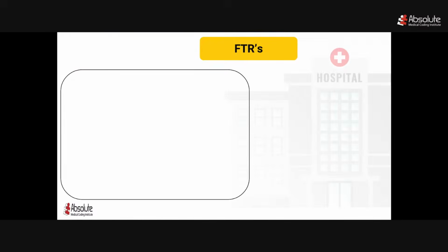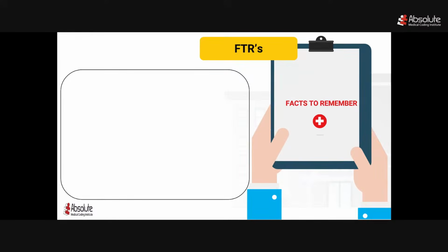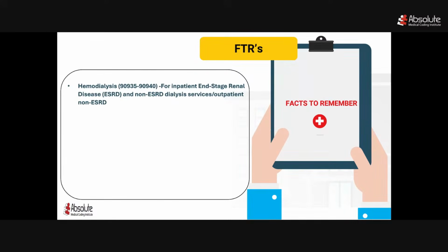All right, coders. Now it's time for us to review our FTRs. What are the FTRs for the dialysis procedure or dialysis coding? Number one, hemodialysis is coded under 90935 through 90940.